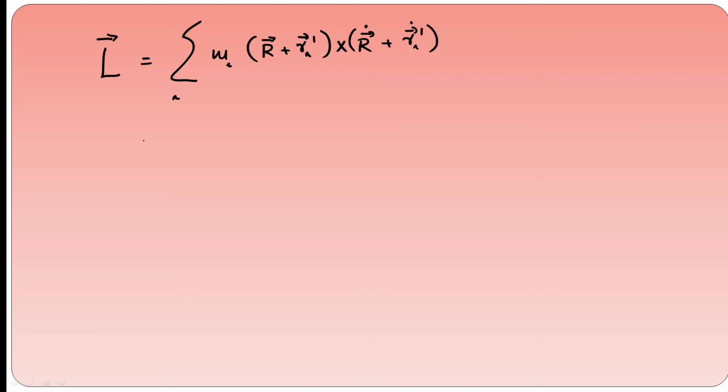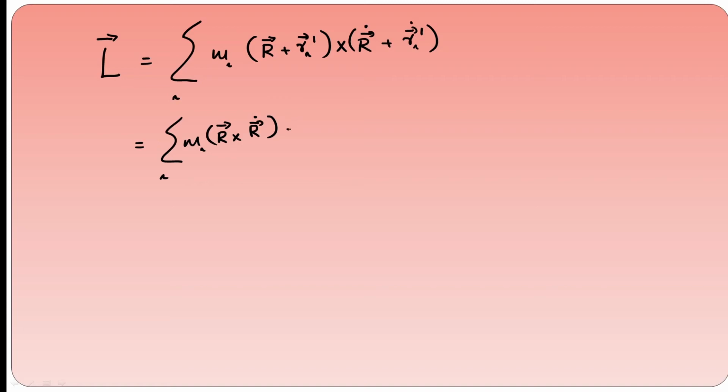Let's evaluate this. The first term: summation over i of Mi R cross R dot.